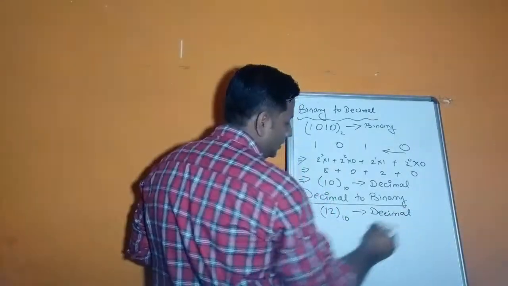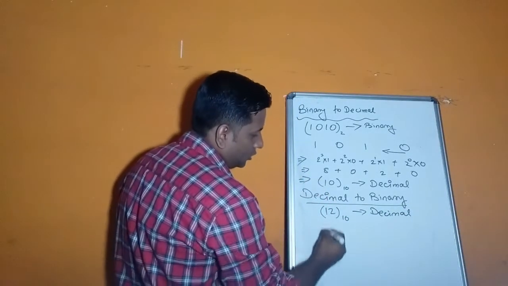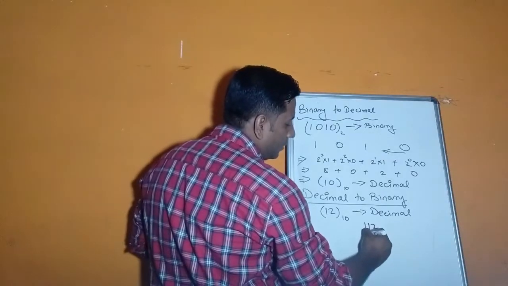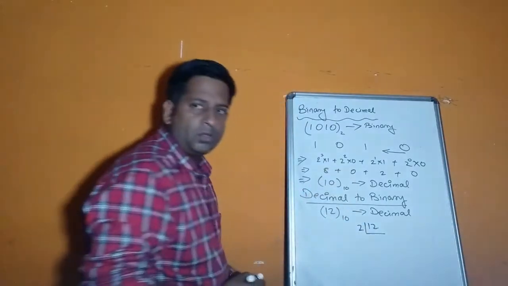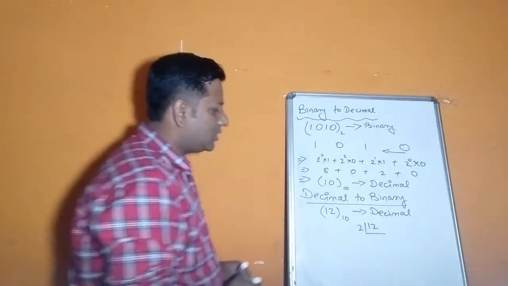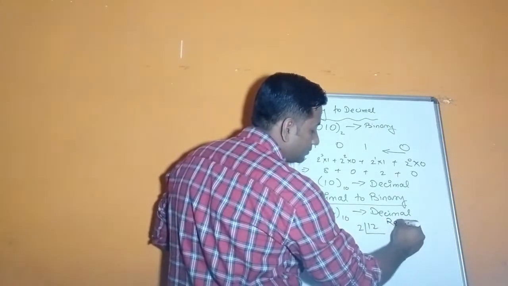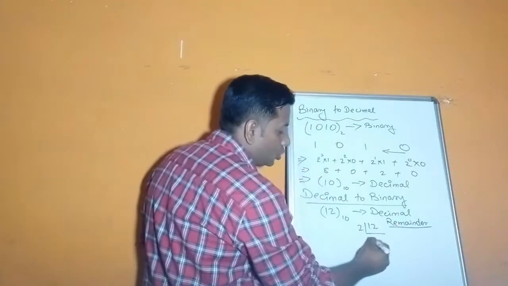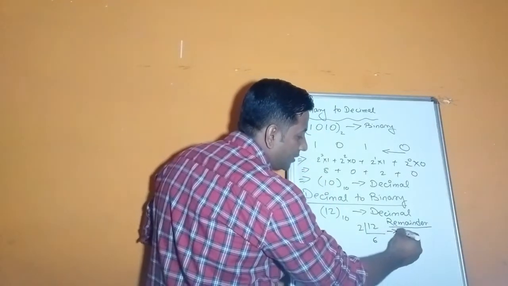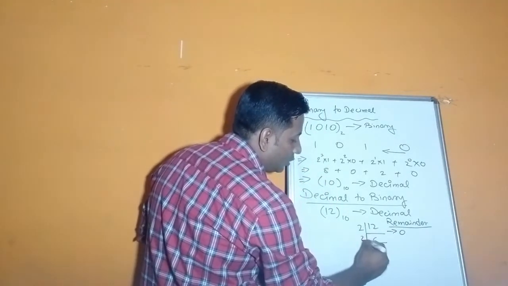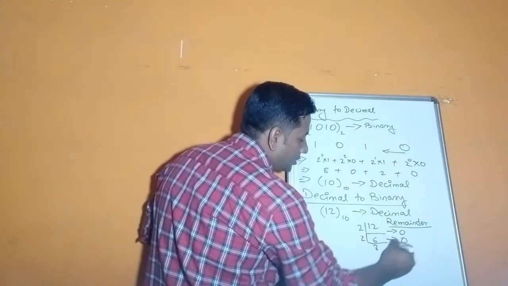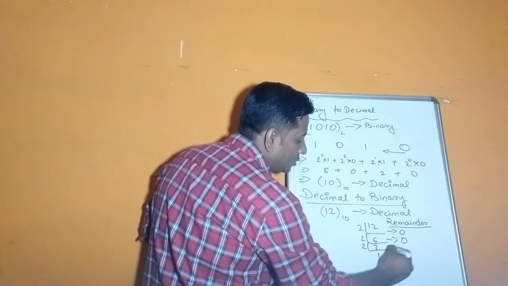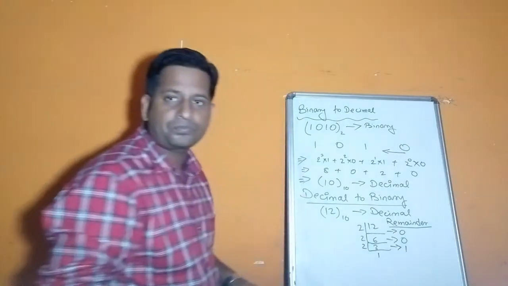So this 12 we will divide by 2, and always we need to take the remainder. 2 6s are 12, remainder 0. 2 3s are 6, remainder 0. 2 1s are 2, remainder 1.